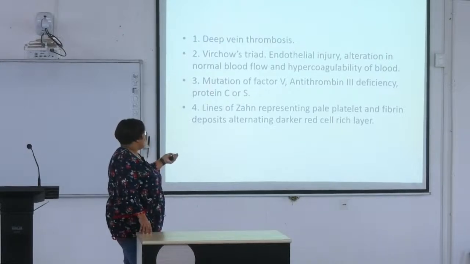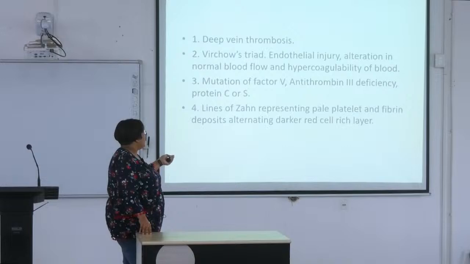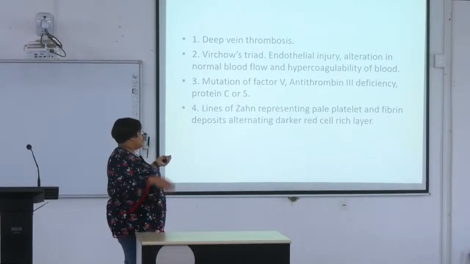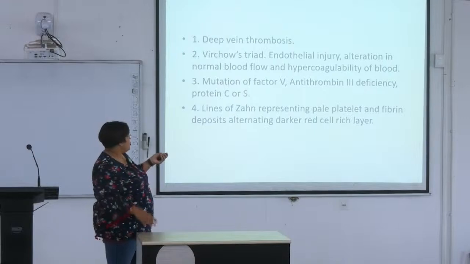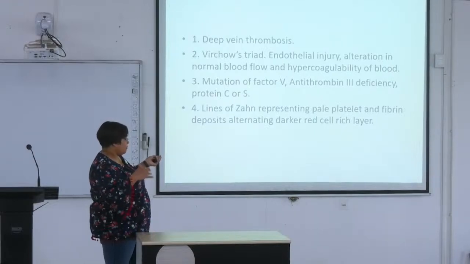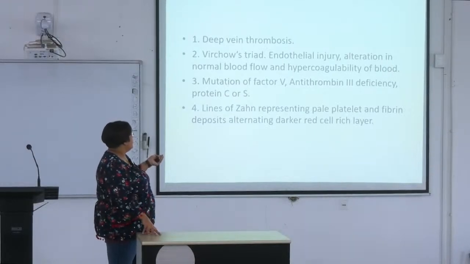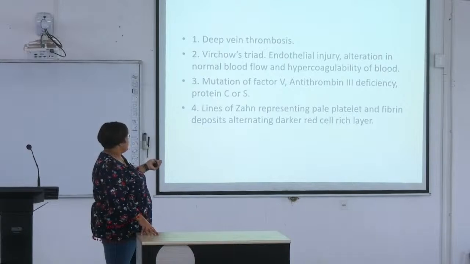So, if there is familial deficiency of protein C or protein S, there will be a hypercoagulability in the blood vessel. Means there will be automatic formation of blood clot within the blood vessels.